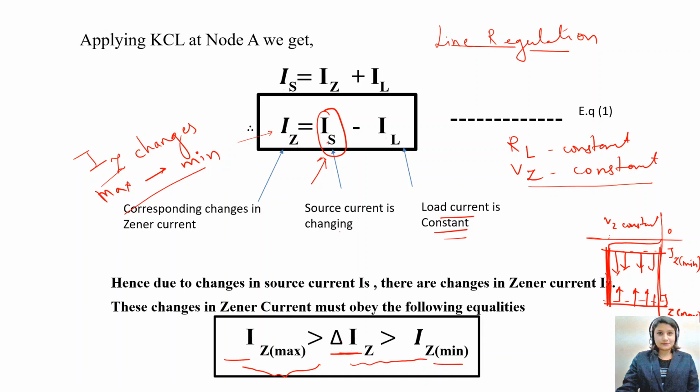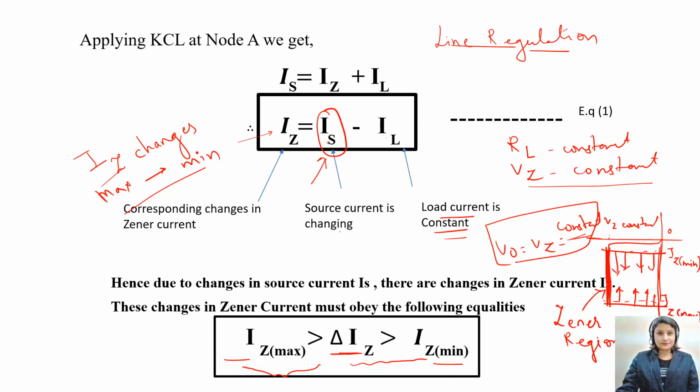That means the changes in the Zener current should stay in the Zener region only, and then only your VO will be equal to VZ, a constant. That is how your Zener acts as a voltage regulator. Even with fluctuations in source voltage, your Zener gives you a constant output.